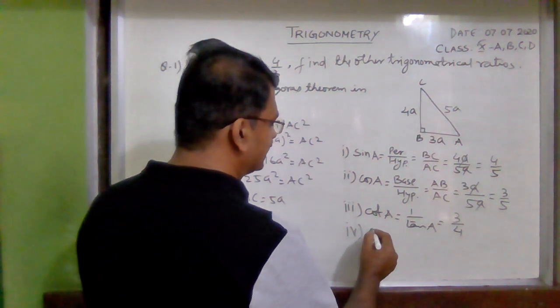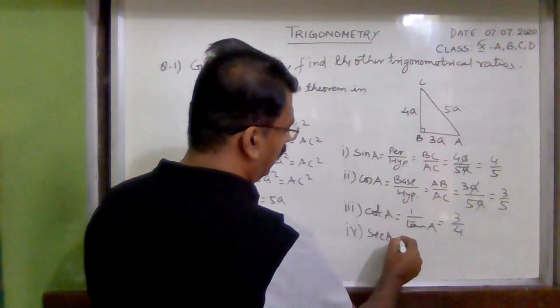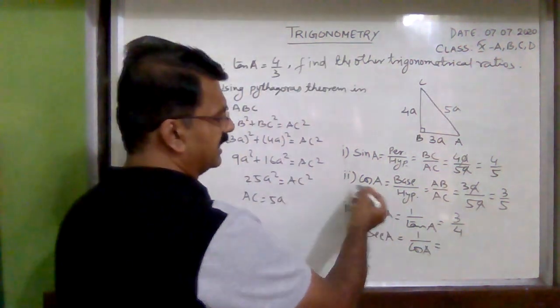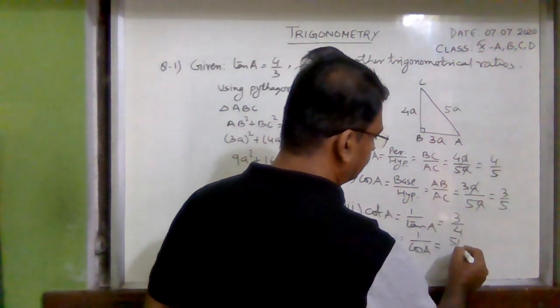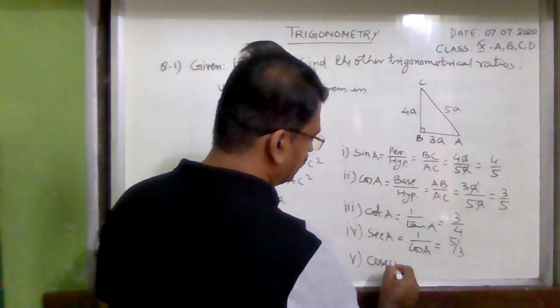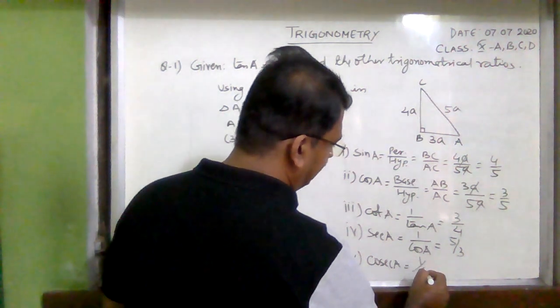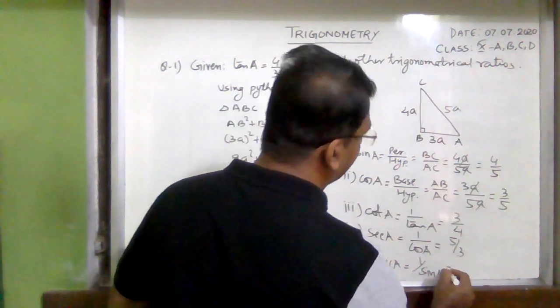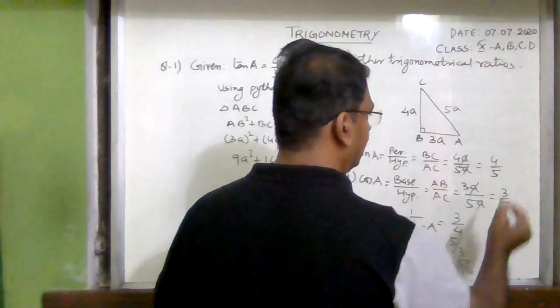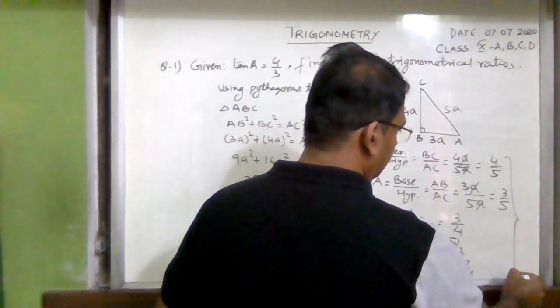Next, the fourth one is sec A. All of you know that sec A is 1 upon cos A, means reciprocal of cos A, that is 5 by 3. And the next one is cosec A. So cosec A is 1 upon sin A, reciprocal of sin A, that is 5 by 4. And that is your answer. Clear? These all are your answers.